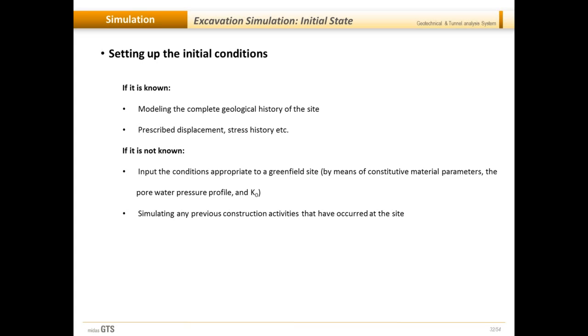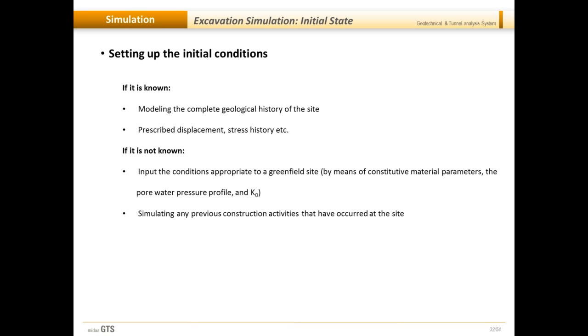And if there are any previous construction activities, do keep those field conditions in your model. So if you have an excavation in a nearby location where you are considering the tunnel excavation, then in the initial condition, have that excavation, or add another stage where that excavation has occurred.